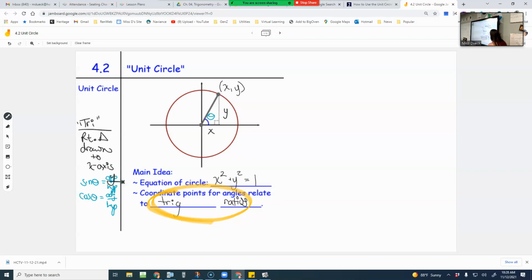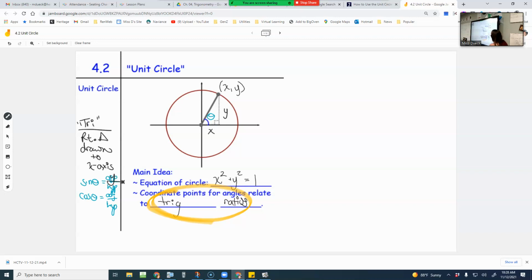But what's the hypotenuse in a unit circle? Did anybody else notice what else is weird? X minus h squared plus y minus k squared. What was normally in the 1 spot for a circle? Equation of a circle: x squared plus y squared equals what?